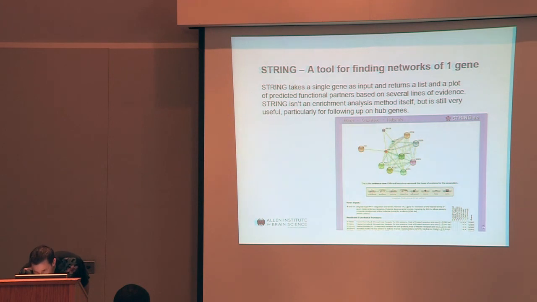I don't know if you can read what these things say down here, but it can tell you whether the genes in the interactions are part of the same neighborhood, if they're gene fusions, if there's co-occurrence, if there's co-expression, if they're from the same experiment or the same databases. It also does text mining and homology. So there's a lot of different things that come up as potential connections.